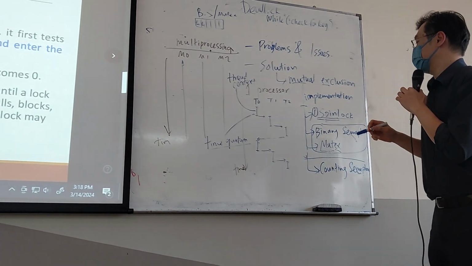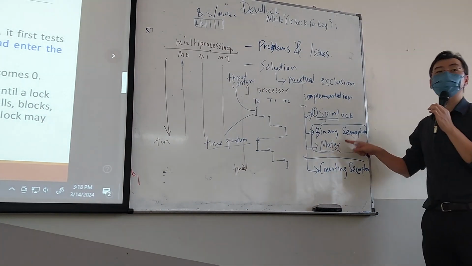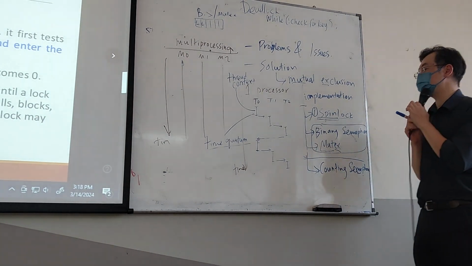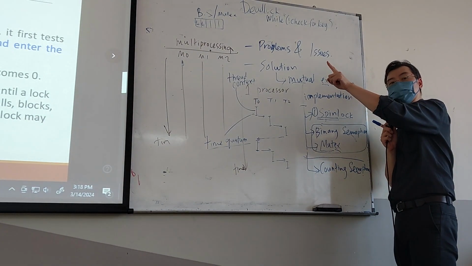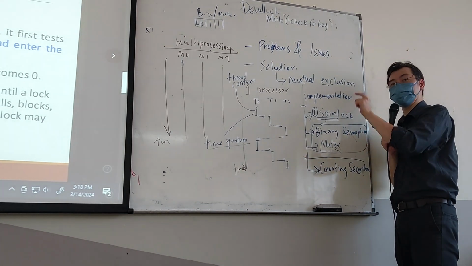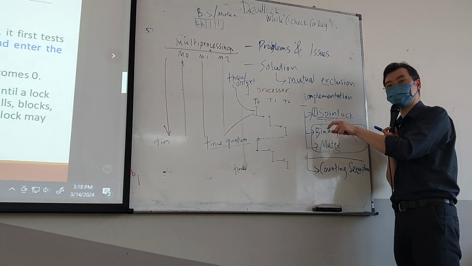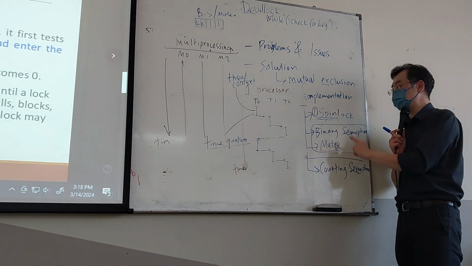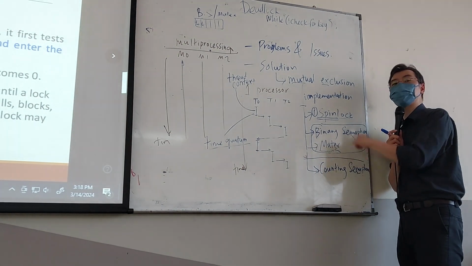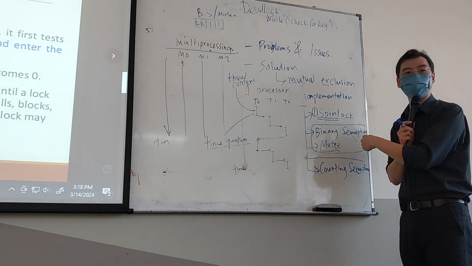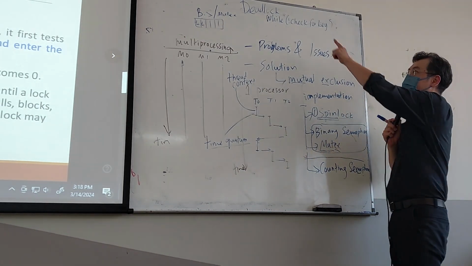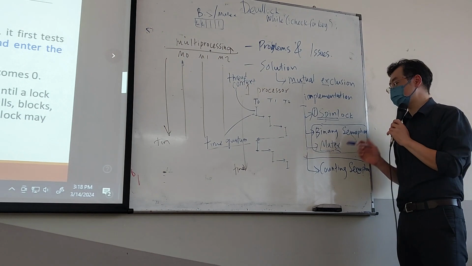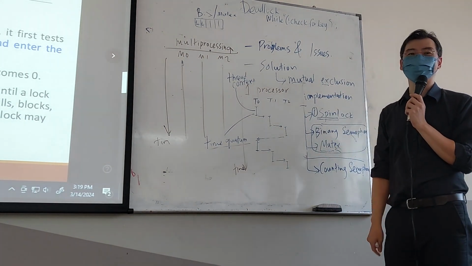Okay? But mutex has ownership. So ownership means this: if I lock, then the operating system knows that I locked this mutex. Then who is able to unlock it? It is the owner of this mutex that can unlock. Now the problem with deadlock is this: because there's no ownership, anybody can lock it.